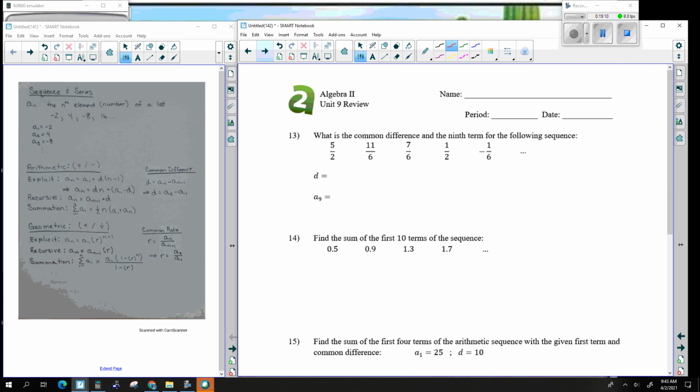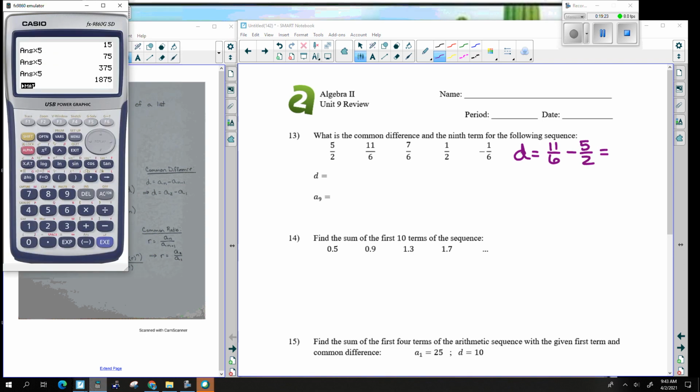Common difference and the 9th term. All right, so this is obviously arithmetic. So this is going to be 11/6 minus 5/2. Well, calculator, don't fail me now. -2/3.